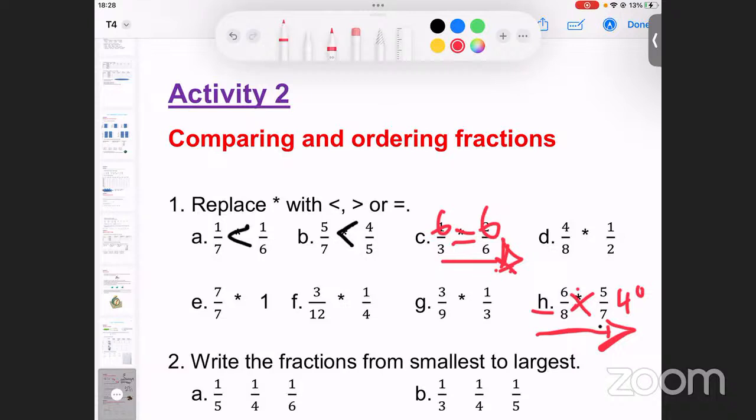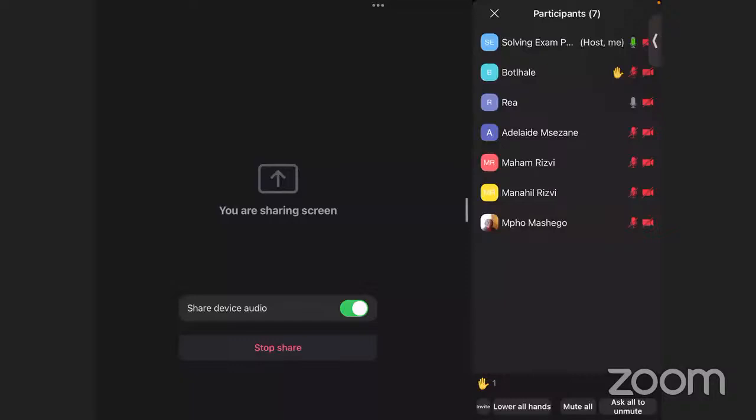Yes. Perfect. How many of you are not allowed to use calculators in here? Adelaide, are you allowed to use your calculator? Manahil? I am allowed to use a calculator. Boshali is allowed to use a calculator.